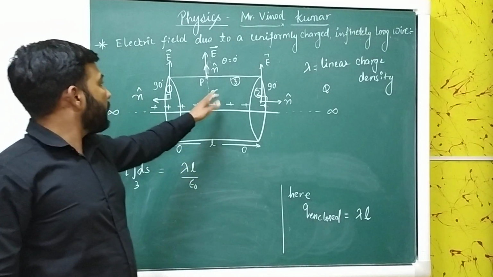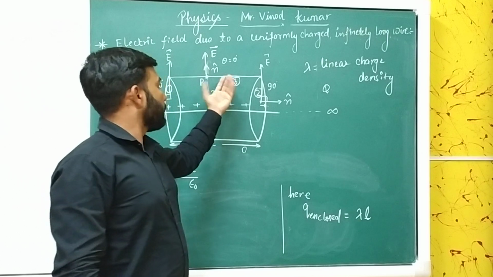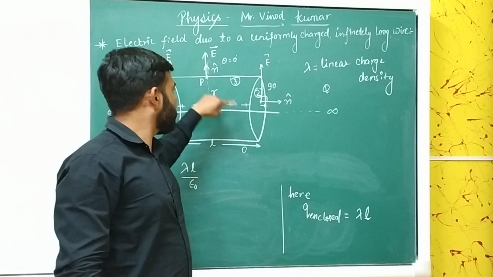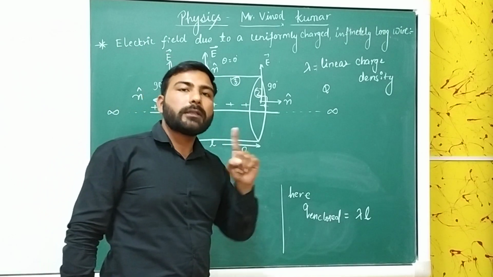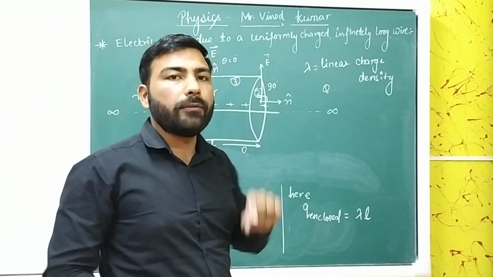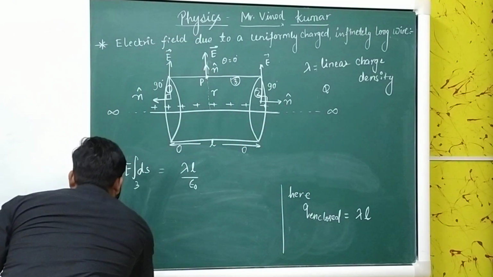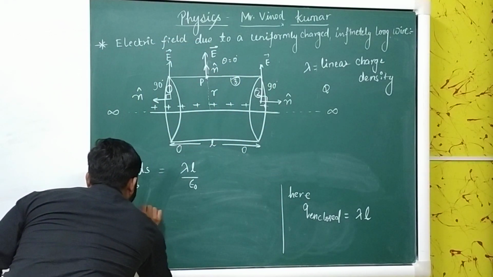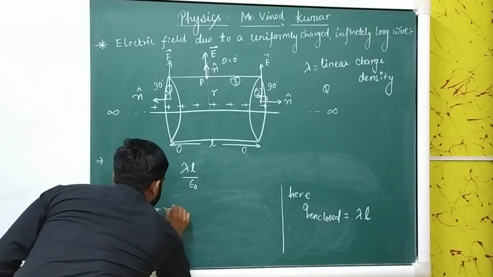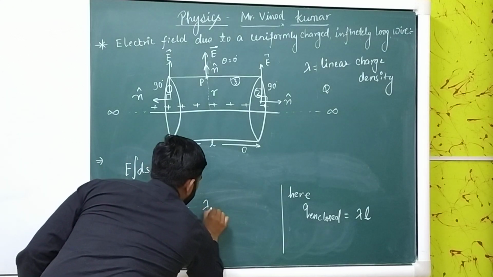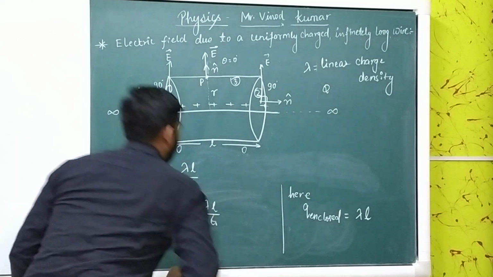Now as we know, the integration of the area vector for the third surface, the area of the curved surface of a cylinder, will be 2 pi r into L. So it will be E into 2 pi r into L equals lambda L by epsilon naught.